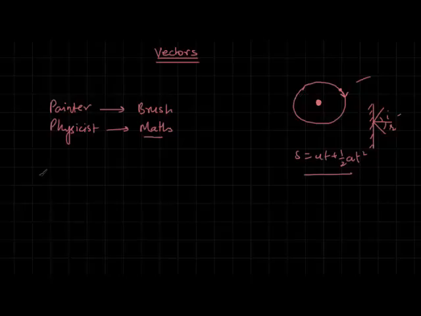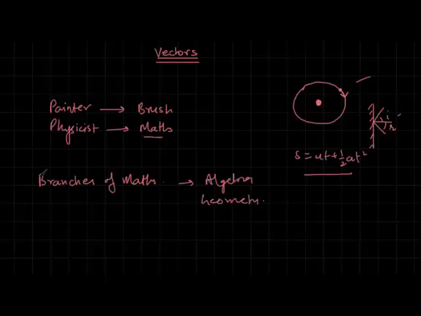In your earlier classes, you have studied certain branches of maths, for example algebra, geometry, trigonometry, arithmetic, etc. Since we are now studying physics at a deeper level, we will also need maths of a certain advanced level.